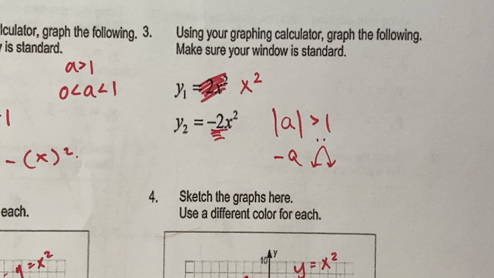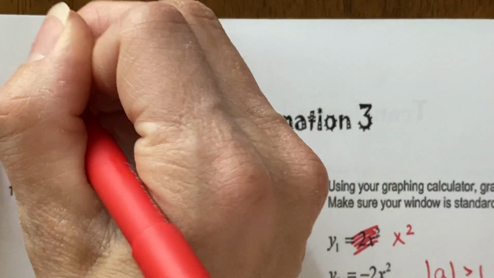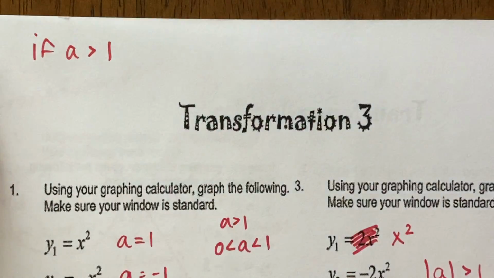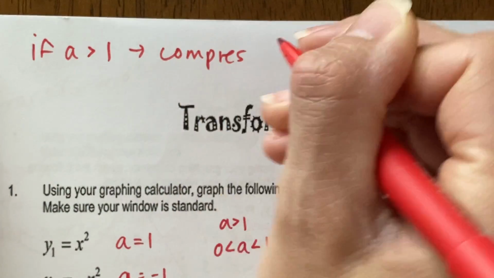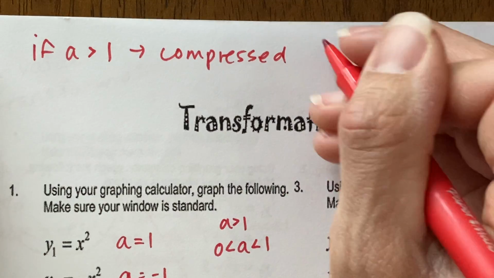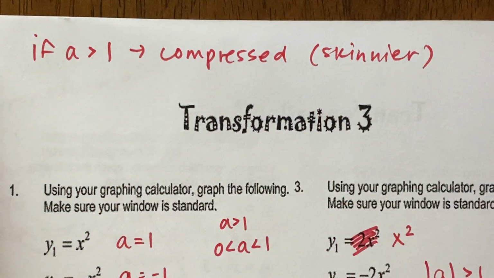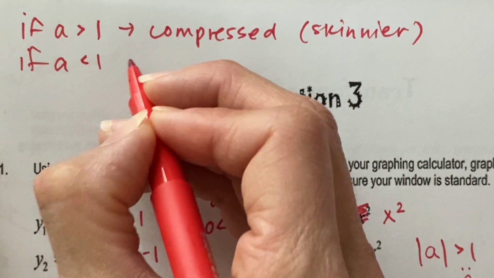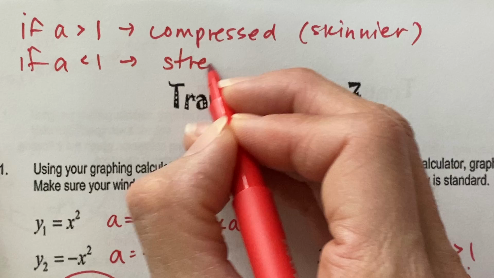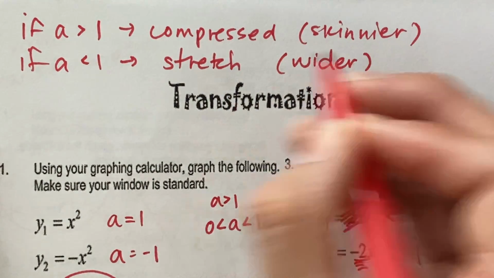All right, so here's your takeaway from the day. Again, if A is greater than 1, your graph is compressed. If you need to think of that as skinnier, you can. If A is less than 1, that's a stretch, and that's a wider graph.